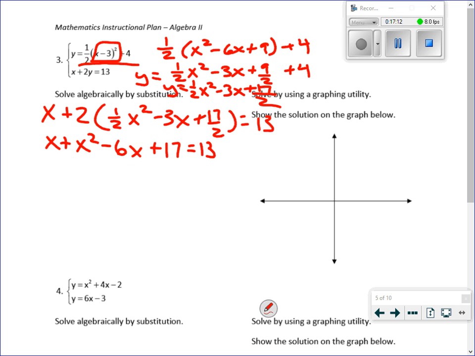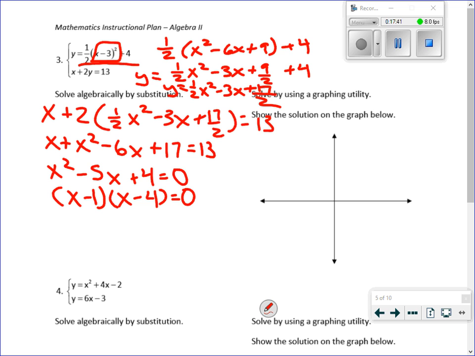What do we want it to be equal to? 0. Good. So we have x squared minus 5x plus 4 equals 0. Then you want to ask yourself, can you do what? Factor. Can we factor here? Yes, the factors are x minus 1 and x minus 4. So I know x should equal what? 1, and x should also equal 4.